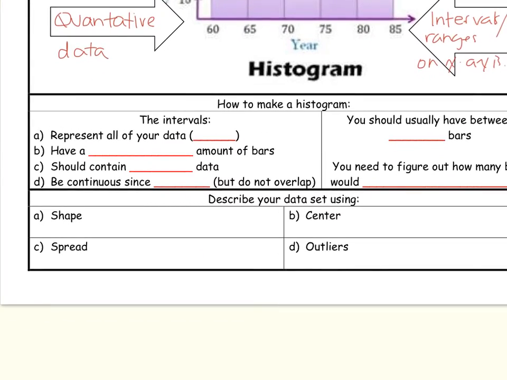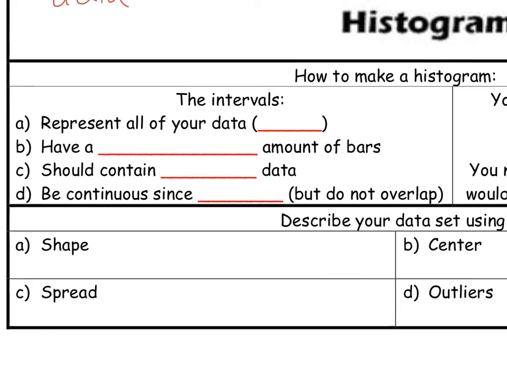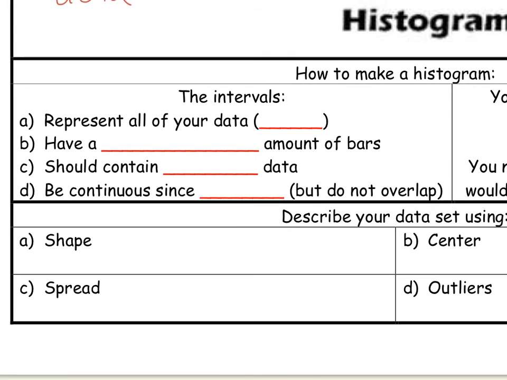So how to make a histogram. The intervals we were talking about that go on our x-axis represent all of your data, the range of your data. And we have a reasonable amount of bars, usually anywhere between 5 to 10.